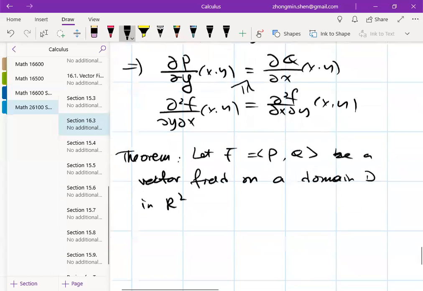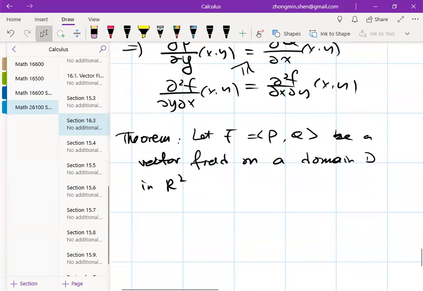Now, for this domain D, I have to add a somewhat stronger condition: D is simply connected.